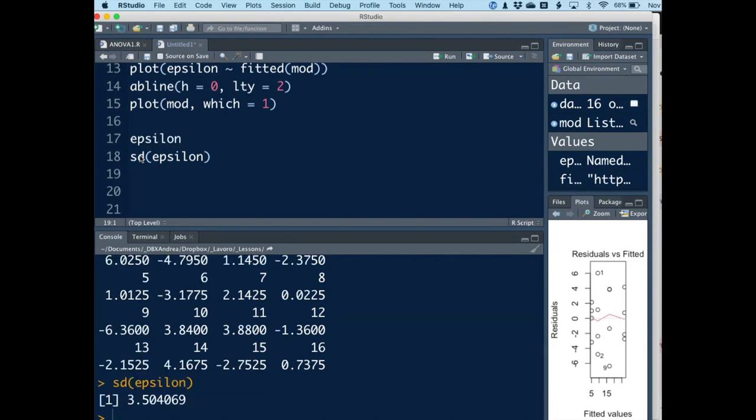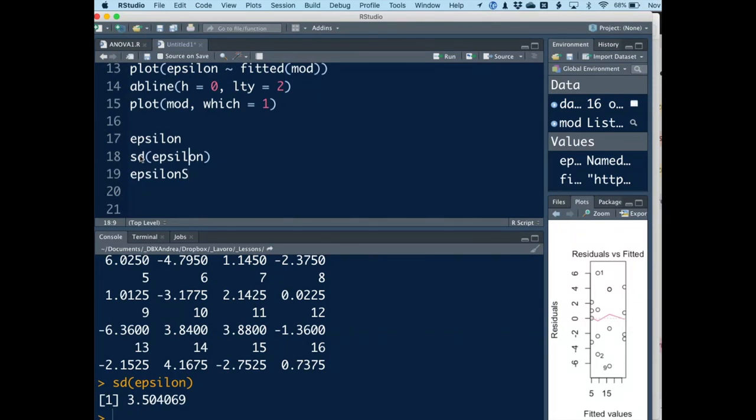And here we go, 3.5 roughly. So we have a standard deviation of 3.5. So if we divide the residual, so I'm writing epsilon s because that means standardized. Standardizing means subtracting the mean and dividing by the standard deviation. That is the standardization. We spoke about that at the beginning.